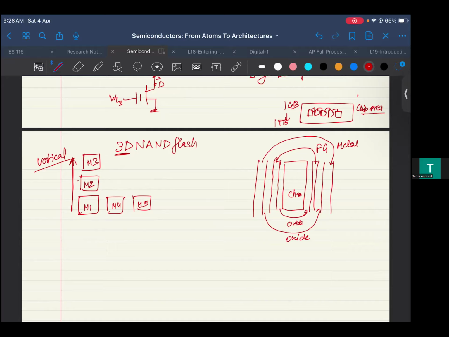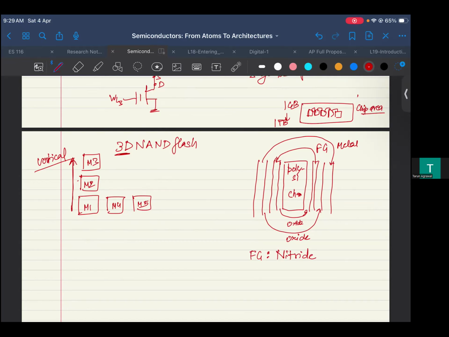Typically, because we are only worrying about the threshold change, we don't worry about the maximum current. People typically use polysilicon for the channel, and for oxide, it's the oxide which is needed. For the floating gate, we use a nitride layer, because we need some layer which can trap the charge. Nitride is supposedly good.